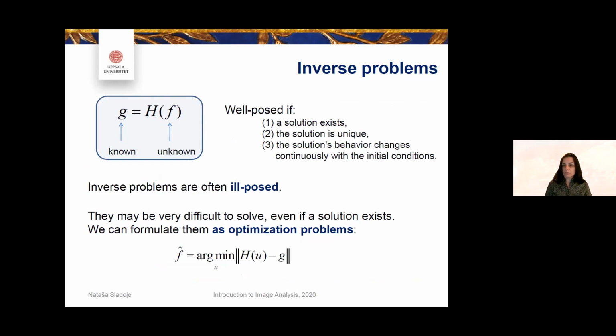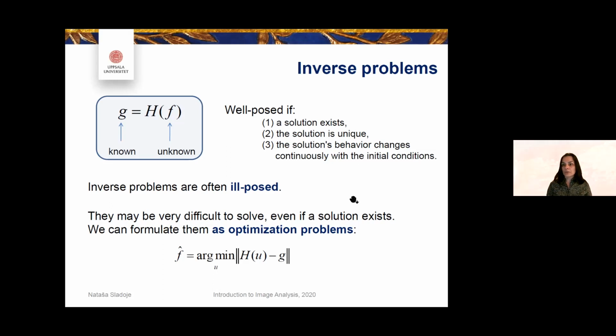Inverse problems appear, let's say, everywhere and are very much studied. There is an analysis of inverse problems, and it is said that an inverse problem is well posed in the sense of Hadamard if a solution to this inverse problem exists, if it is unique, and if this solution is stable enough, so its behavior changes continuously with the initial conditions.